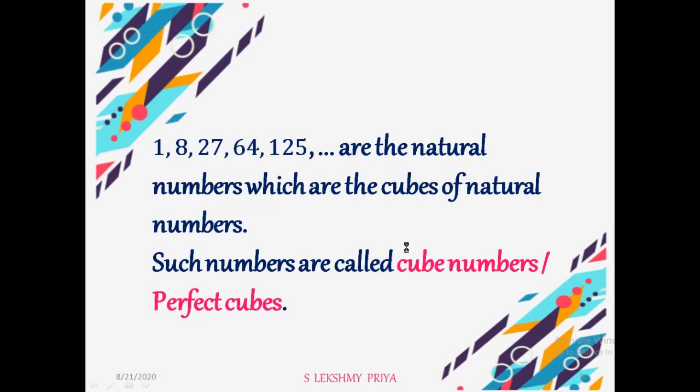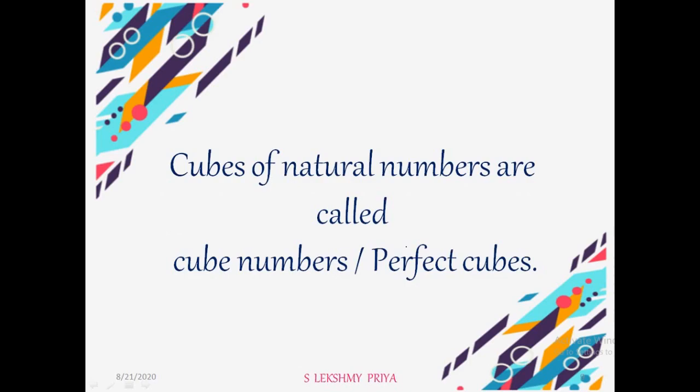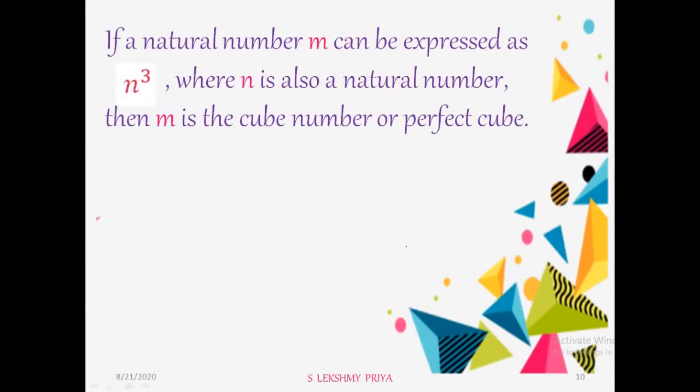We can define the same thing in another way. Cubes of natural numbers are called cube numbers or perfect cubes. If a natural number m can be expressed as n cube, where n is also a natural number, then m is the cube number or perfect cube.